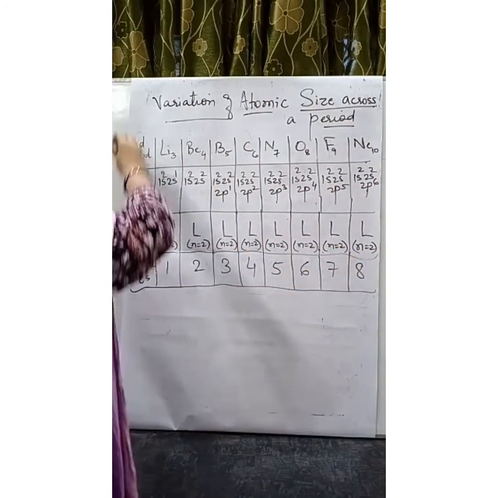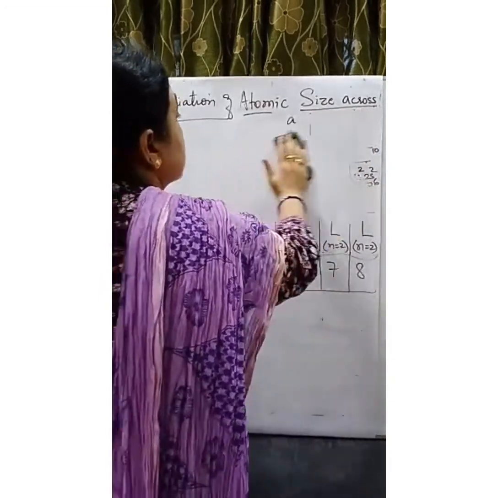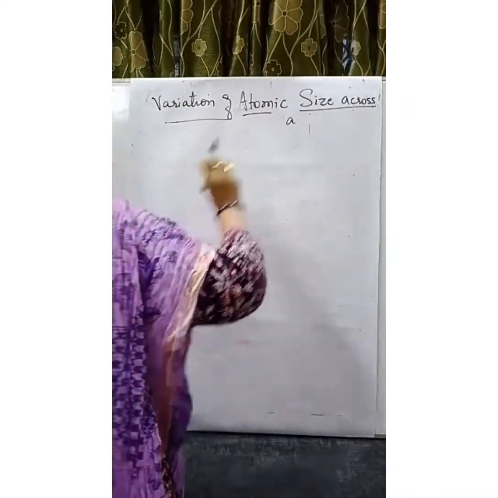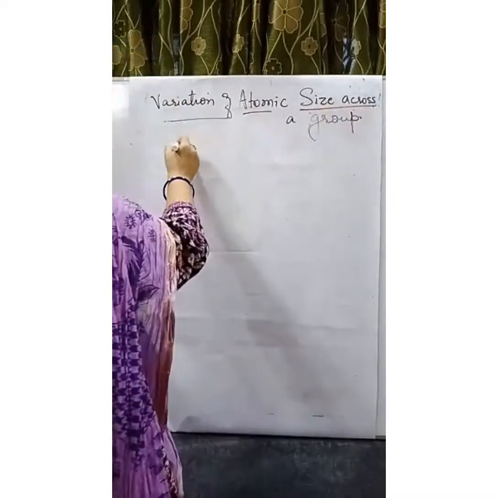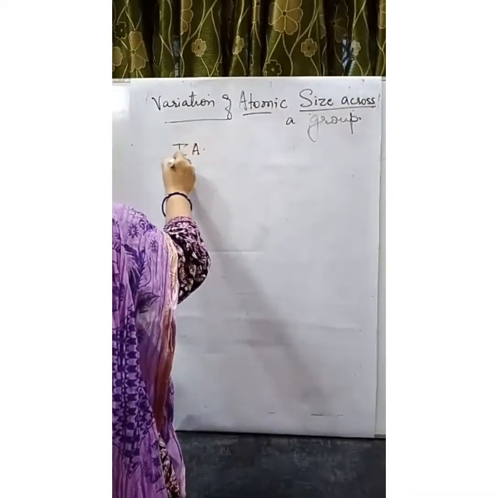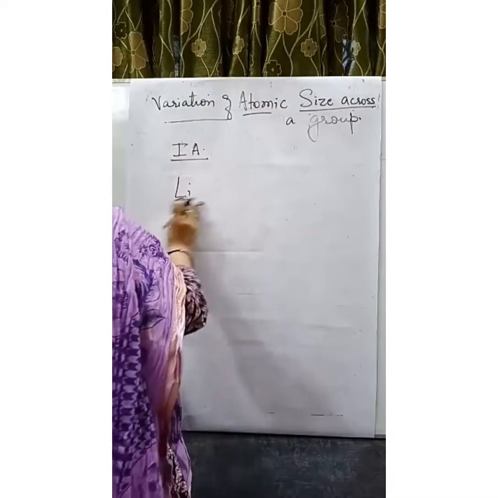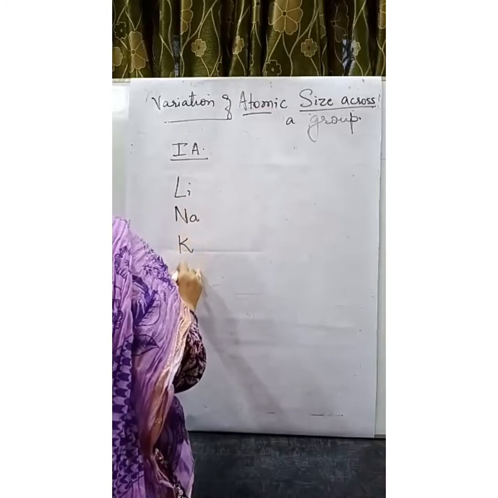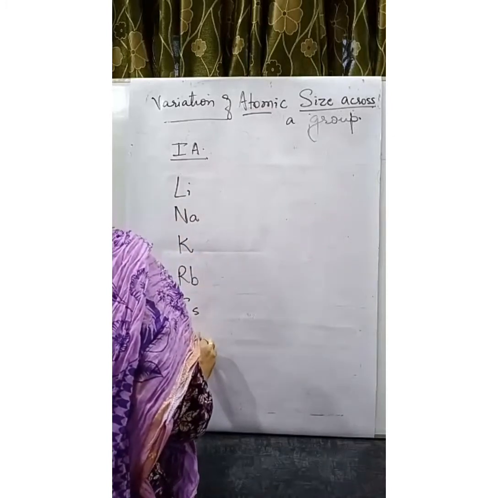Now let us see the variation of atomic size across a group. For this, I will consider group number 1A: lithium, sodium, potassium, rubidium, cesium and francium.